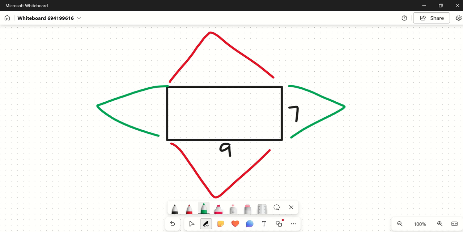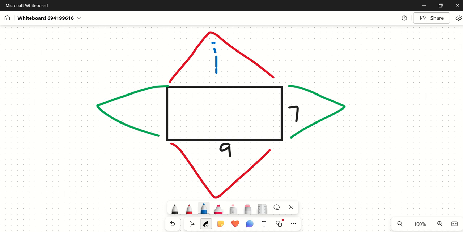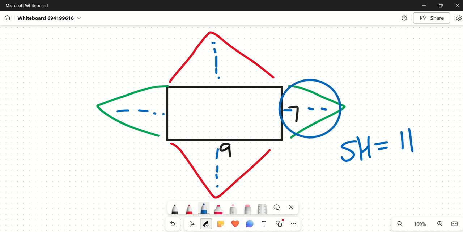And remember, all lateral faces share the same slant height. So this is the same height, this is the same height, and this is the same height. So let's say the slant height, and I'll put SH for slant height, equals, I don't know, 11. That means these 2 triangles here are 7 by 11, and these 2 here are 9 by 11, and that was not intended. Let's change that number. Let's just say it's 9 now.